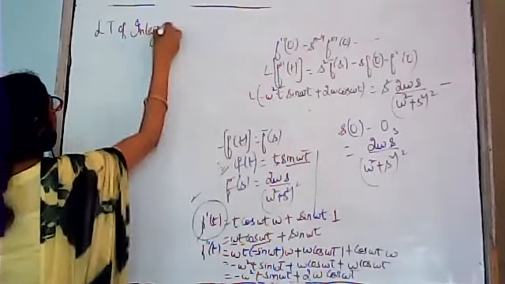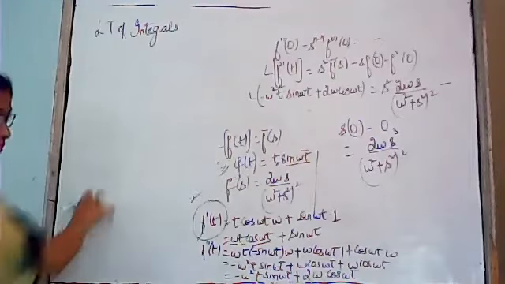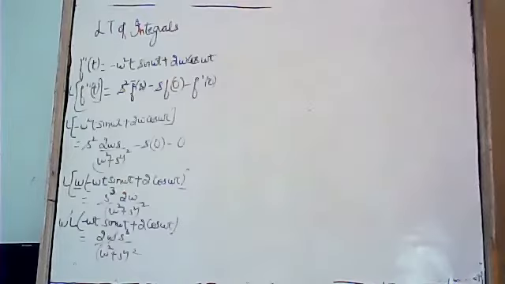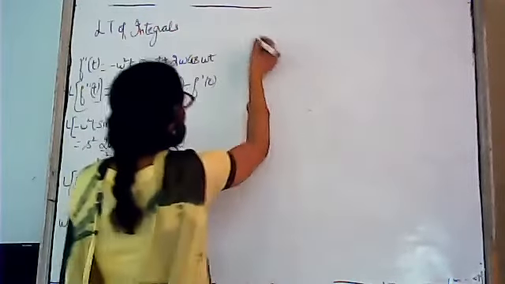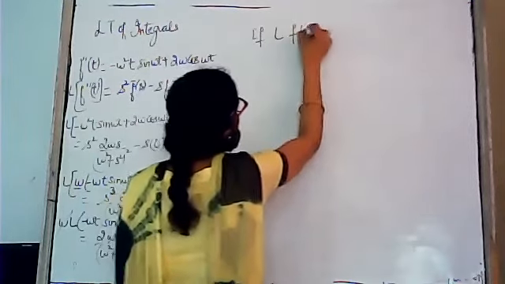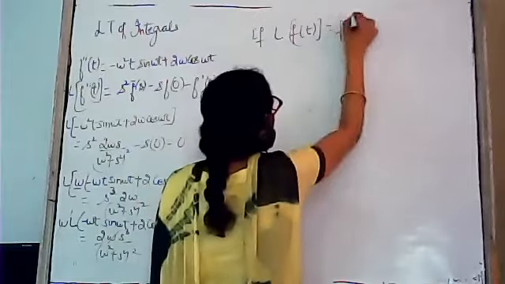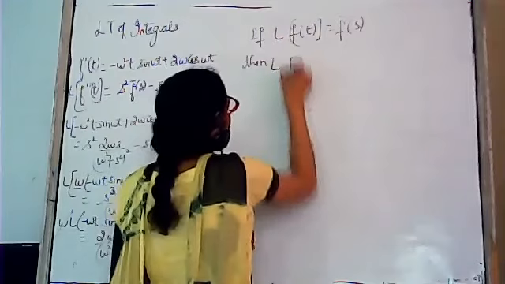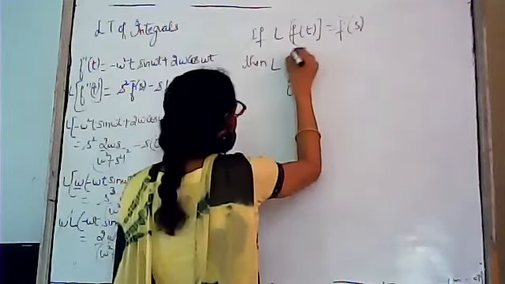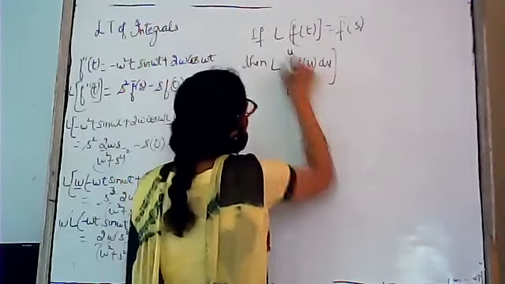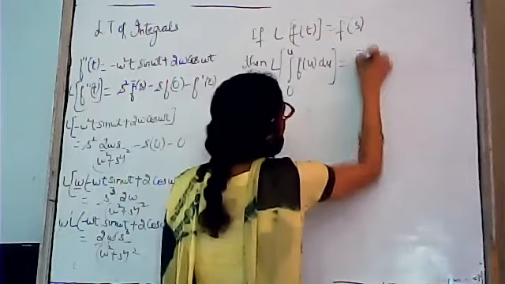Next is Laplace transformation of integrals. Laplace transformation of integrals means if we have the Laplace transformation of some function equal to f bar s, then if we want to find the Laplace transformation of the integral from 0 to t of f of u du, it will be f bar s upon s.